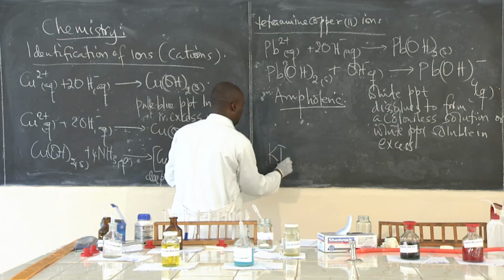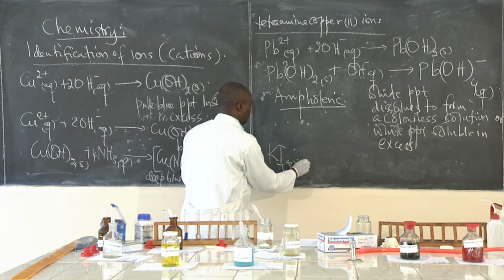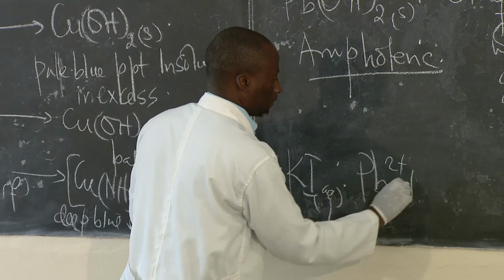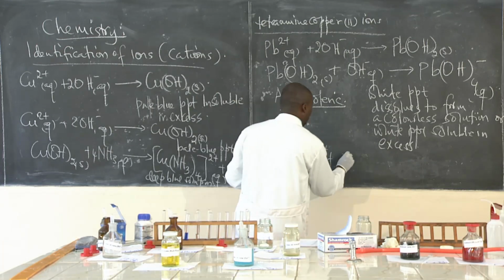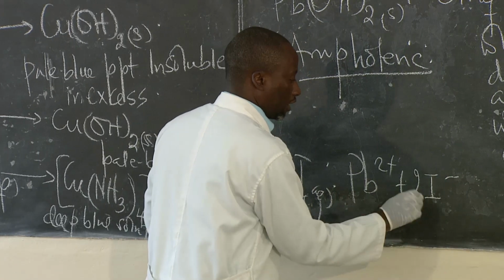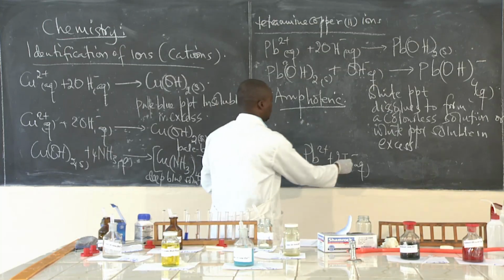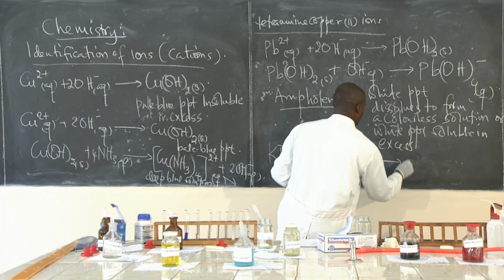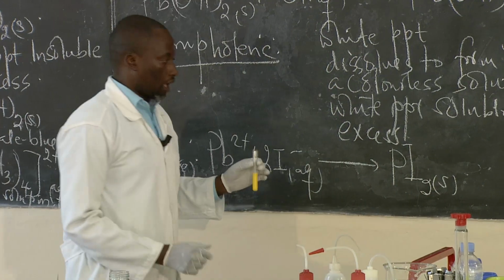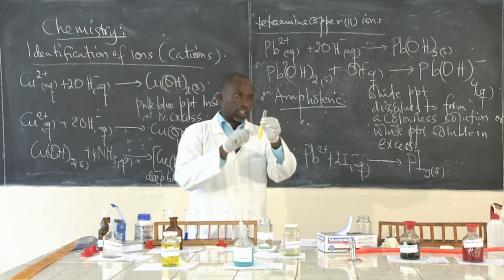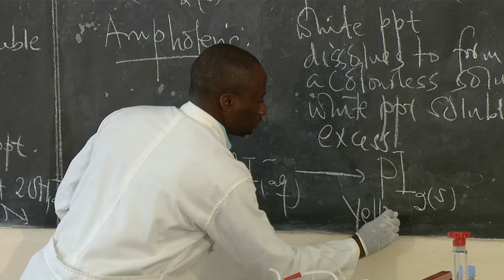When you use potassium iodide solution as one of the reagents, the lead 2 ions react with the iodide ions from the potassium iodide, and it gives lead 2 iodide. This is the yellow precipitate.